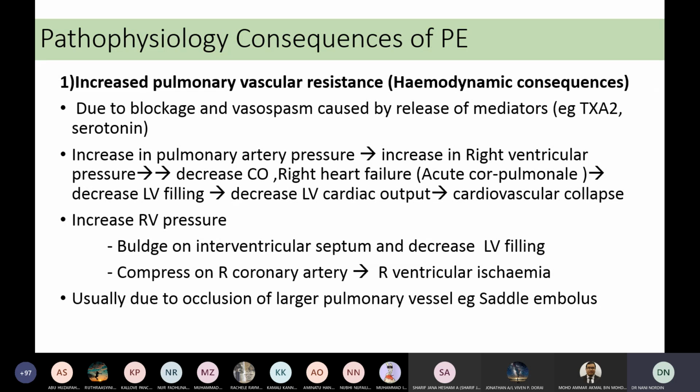You can also have compression of the right coronary artery, which leads to right ventricular ischemia, so you can have myocardial ischemia. So these are the hemodynamic consequences of pulmonary embolism, which is usually caused by large emboli. Did you all get that?